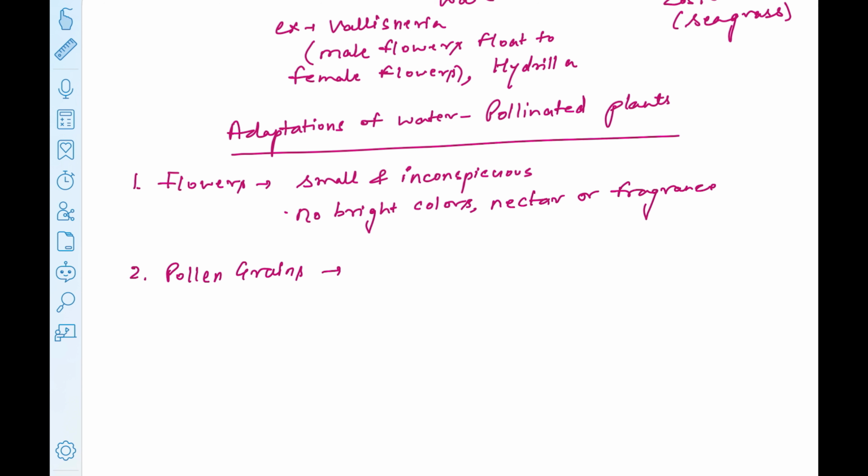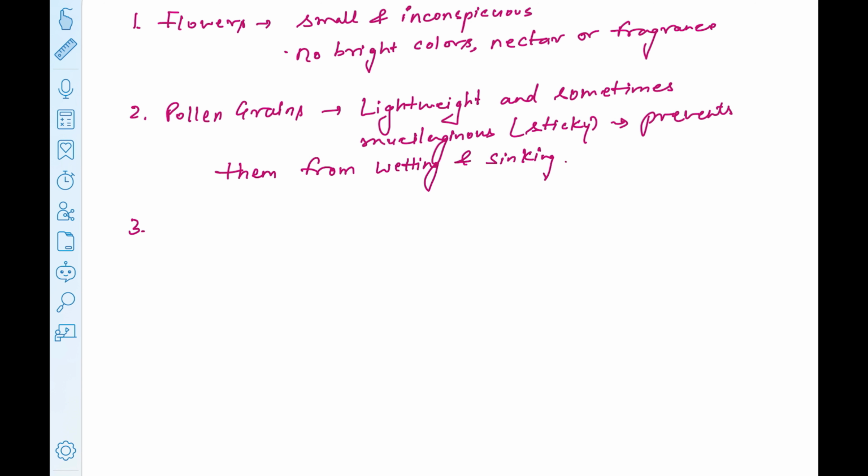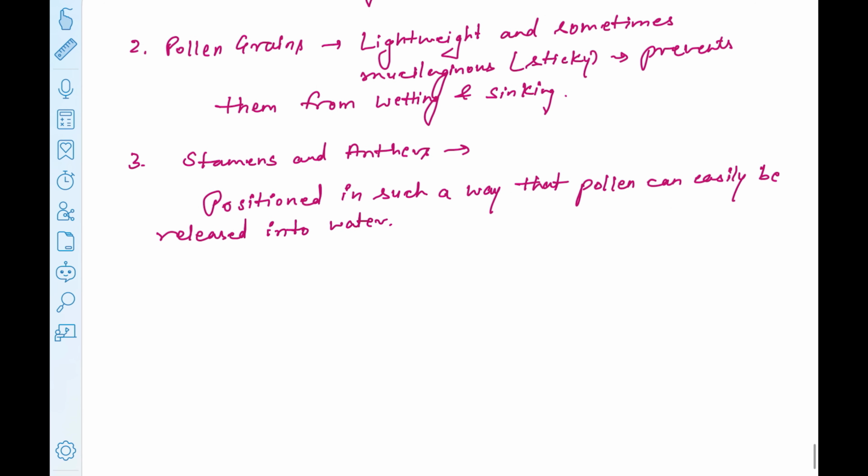That prevents them from wetting and sinking. The stamens and anthers are positioned in such a way that pollen can easily be released into water. Okay, and the stigmas are large, sticky, and feathery, in some cases to trap pollen from water.